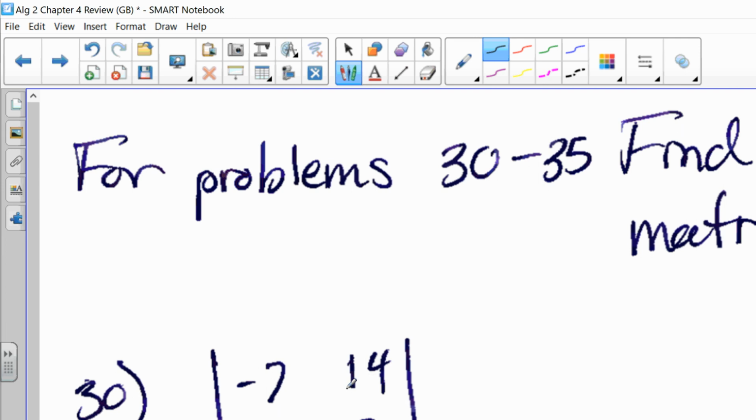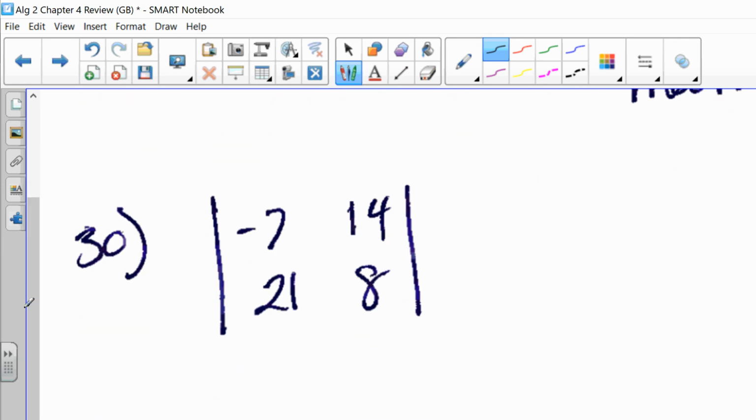That brings us to the last page, 30 through 35, yes? We could plug these into the calculator if we wanted. Now, the 2x2s are the ones that really, doing it by hand and doing it in the calculator really isn't saving you any time.